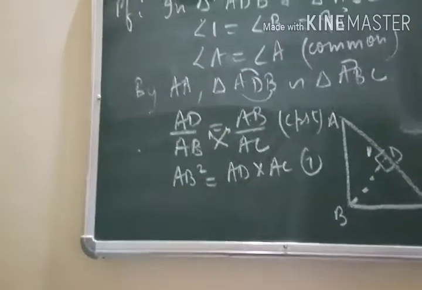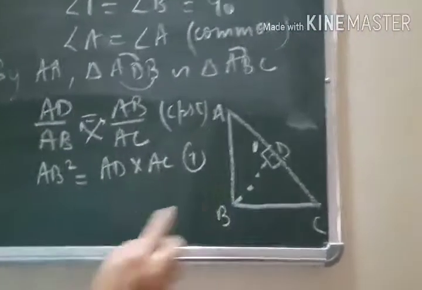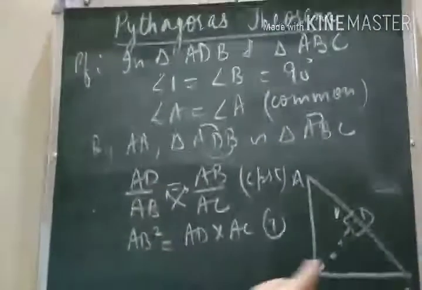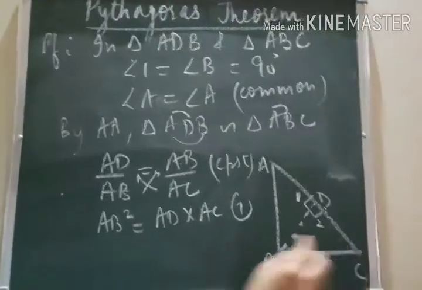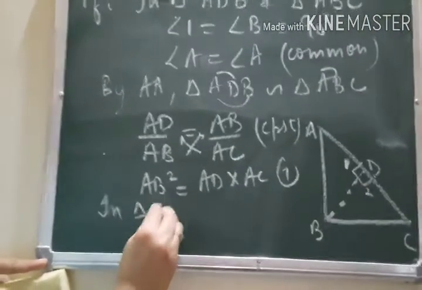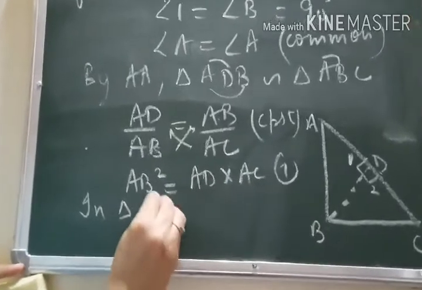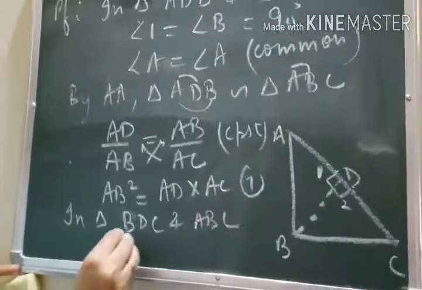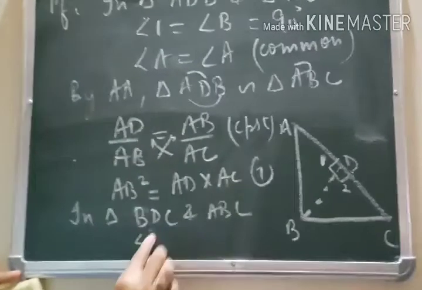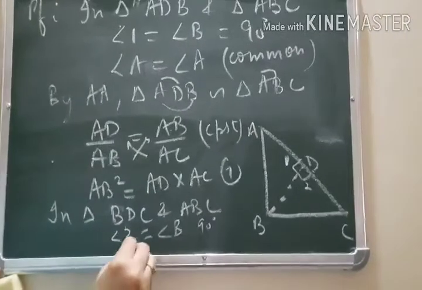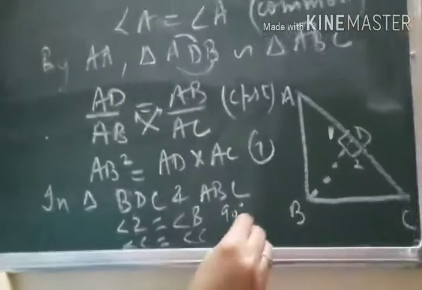Okay. Now similarly, if I consider this triangle BDC and ABC, they will also be similar by AA. There also this angle 2 and angle C will be equal and angle C common. So you can write in triangle BDC and ABC, again angle D, angle 2 is equal to angle B, 90 degrees, and angle C is equal to angle C, common.